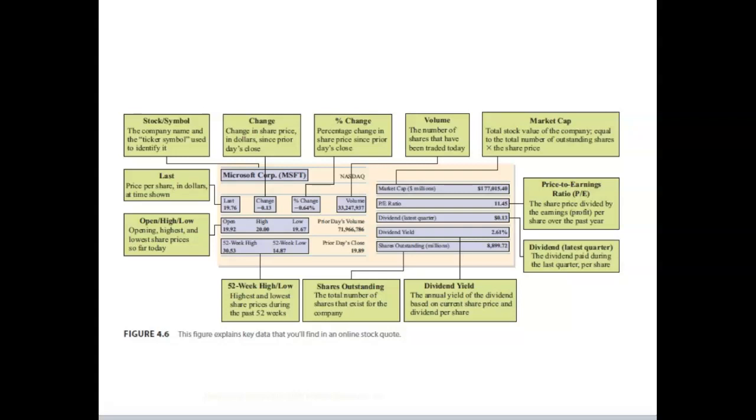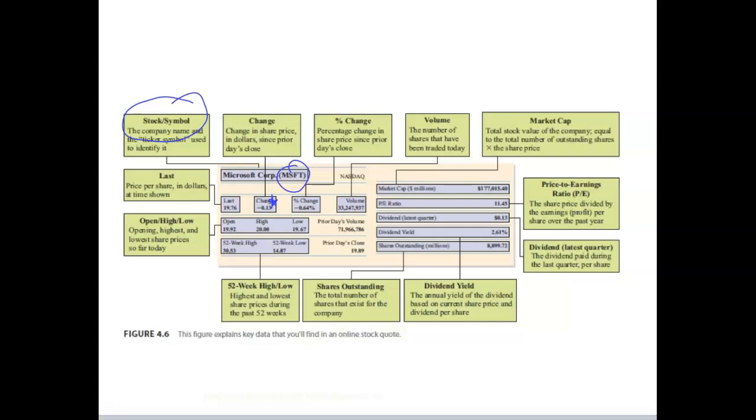All right. So this diagram just tells us what a stock ticker tells us, right? So you have a bunch of information. You have the stock symbol. So Microsoft's stock symbol is MSFT. You have the change in share price since the prior day's close. So this is telling me here that Microsoft has gone down 13 cents since the market closed yesterday.